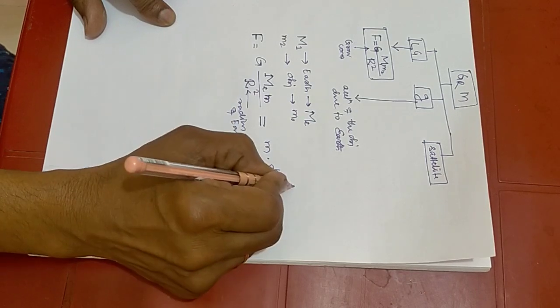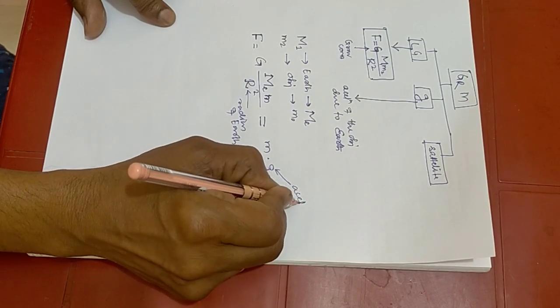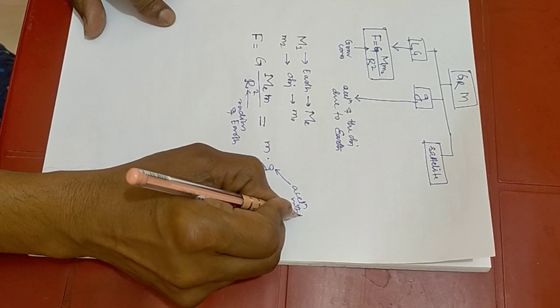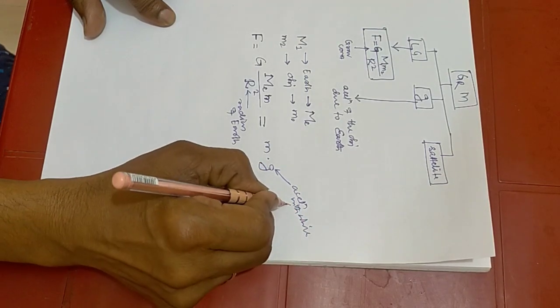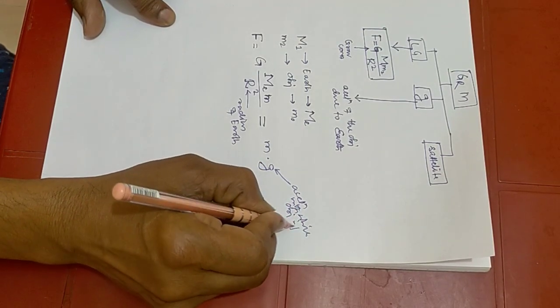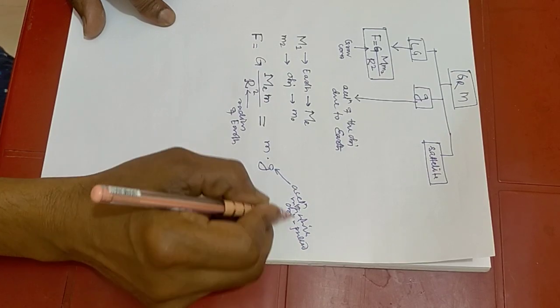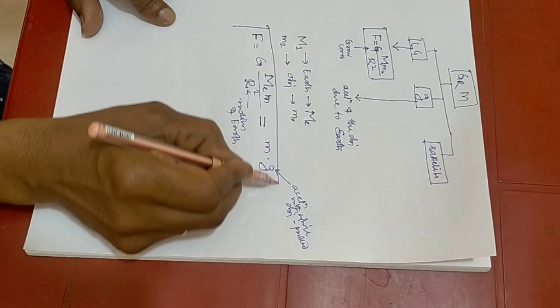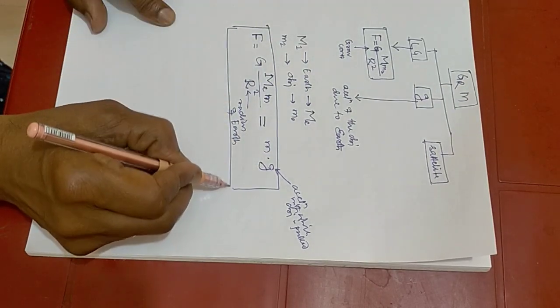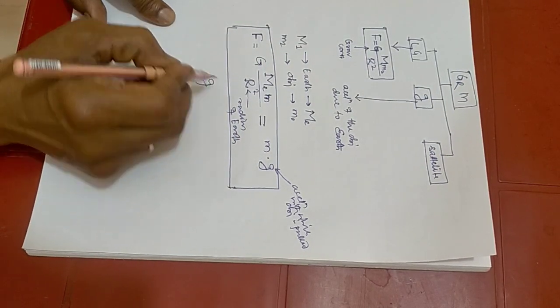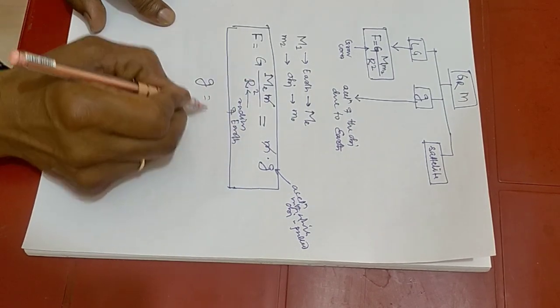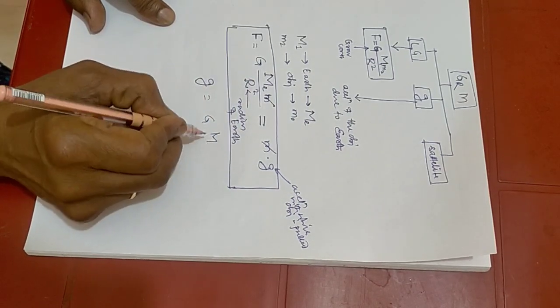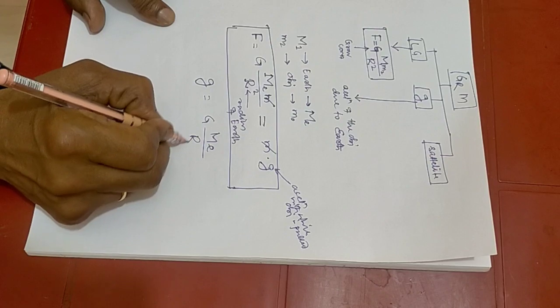This is the acceleration with which the object is pulled due to this force. Then g becomes GM by r square.